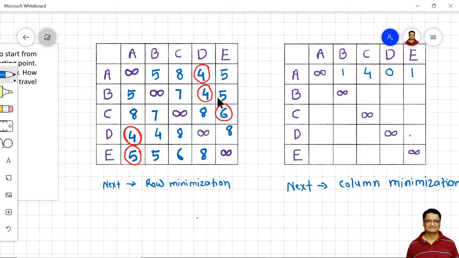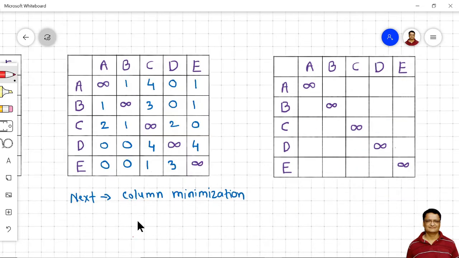For the second row, the smallest element is 4. So 5 minus 4 will be 1, 7 minus 4 will be 3, 4 minus 4 will be 0, 5 minus 4 will be 1. In a similar fashion, we can compute these values for the third, fourth and fifth rows.